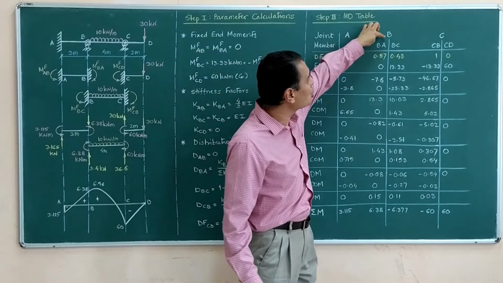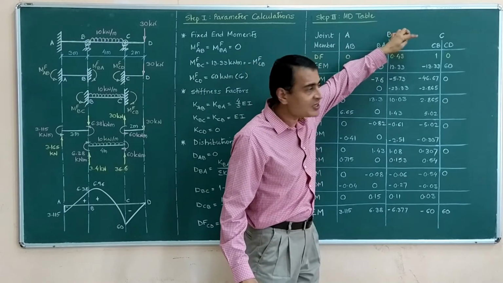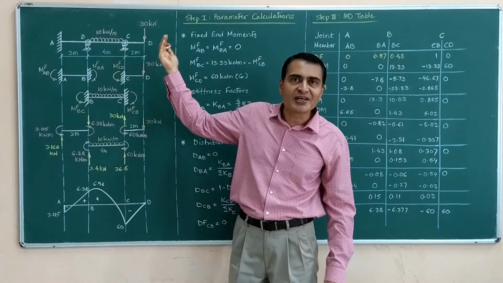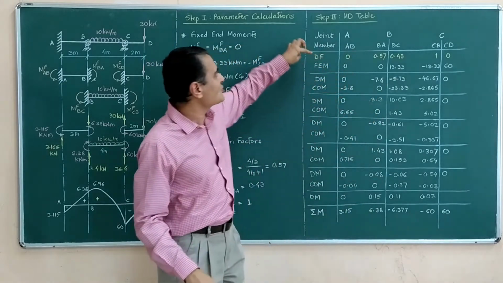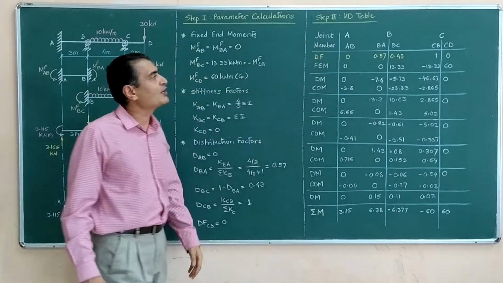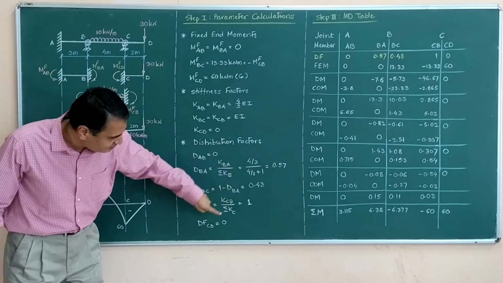That means at B joint we have on the left BA, on the right BC. At C joint we have on the left CB, on the right CD, like that. Vertical columns have been drawn, and then I start with distribution factors 0, 0.57, 0.43, 1 and 0. All those we have calculated here.